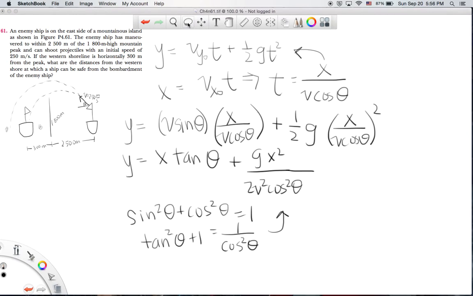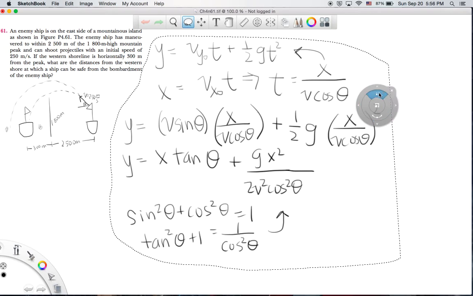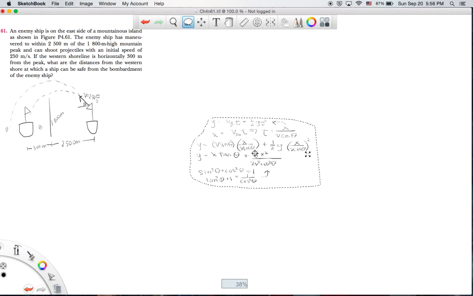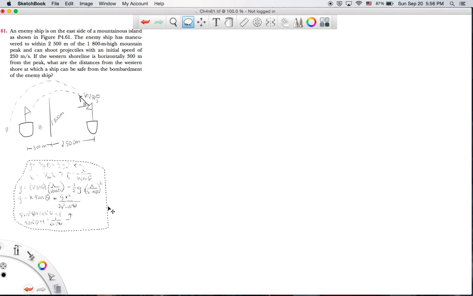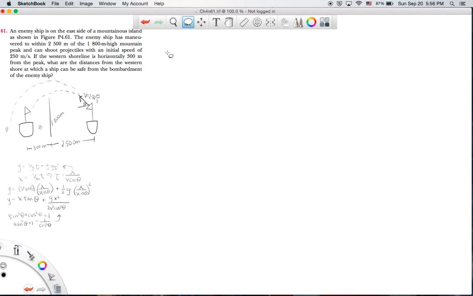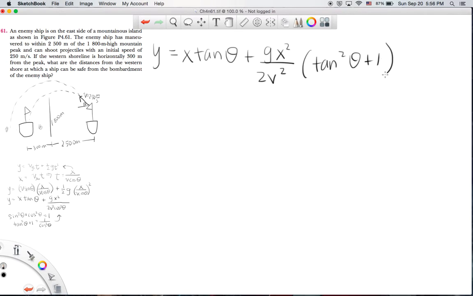So if we plug that in, we'll get y equals x tan theta plus gx squared over 2v squared times tan squared theta plus 1.